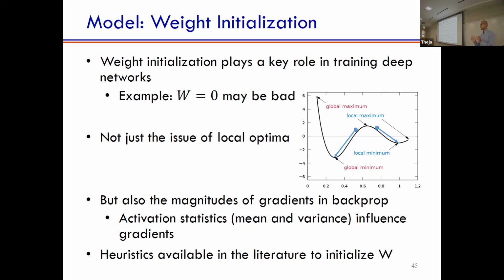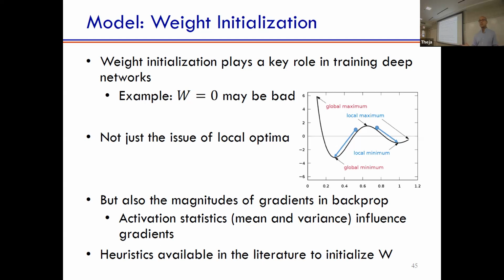Should it just be 0 mean, unit variance, a Gaussian from which you get a sample to initialize your Wij, one weight of your weight matrix, or should you use a Gaussian with variance 10? So there's some scaling behavior that people have exhaustively tried and figured out. That's what I mean by heuristics that people have figured out.